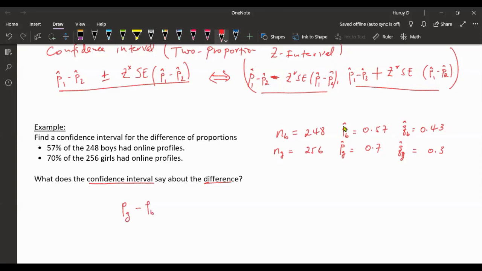As I said earlier, it's easier for you to do the interpretation. Otherwise, it's okay. So we are trying to estimate the difference between the proportion of girls and proportion of boys. As you can see, there is a big difference, of course, between 0.7 and 0.57, or 57% and 70%.